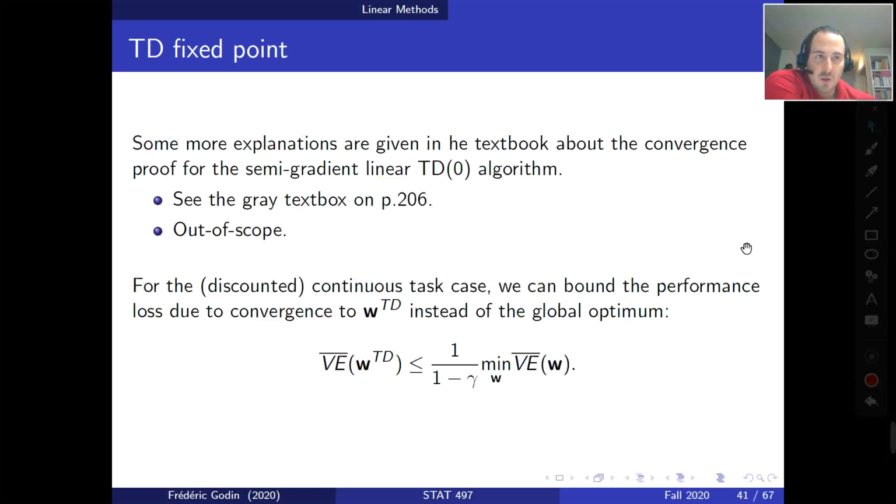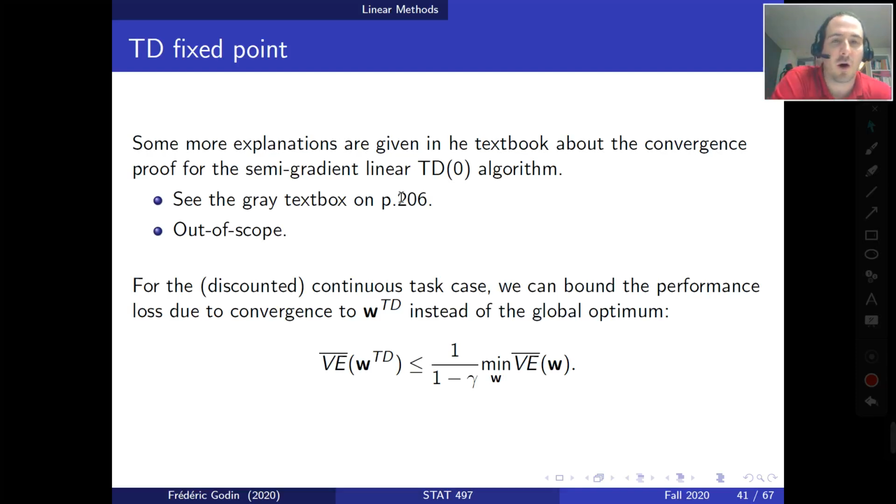Now again, in this course, we don't spend a lot of time discussing the theory and asymptotic convergence results. We don't prove them. For a place where you treat these convergence results more formally, you'd have to go to references. But for this specific algorithm, the textbook provides additional information about the convergence proof of the semi-gradient TD0 algorithm with linear approximations.